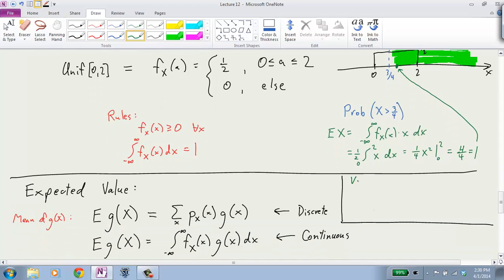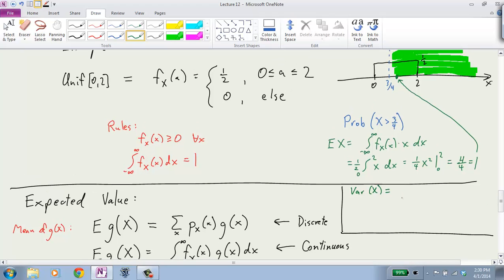So the variance of x above equals, now it's going to be x minus 1 squared. So it's going to be, let's write out the formula. It's the integral from negative infinity to infinity of f sub x of x times x minus 1 squared.